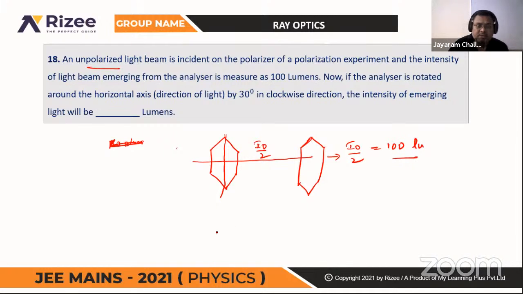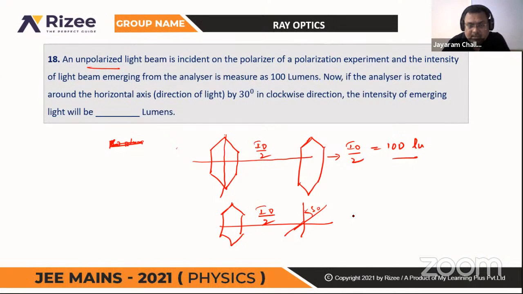Now the analyzer is rotated by 30 degrees. That means the polarizer is in the same position, and you are rotating the analyzer by 30 degrees in the clockwise direction. So what is the intensity going to be? Here it should be I naught by 2, and here it should be I dash or I1.